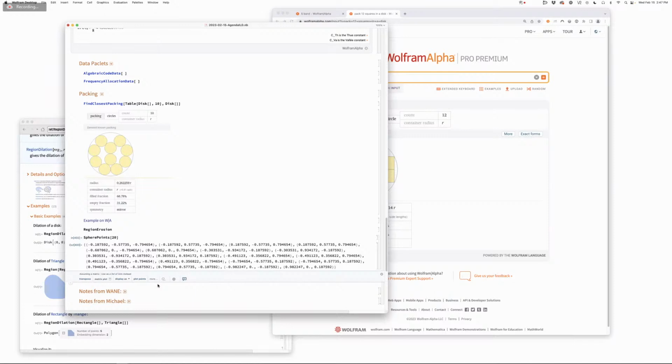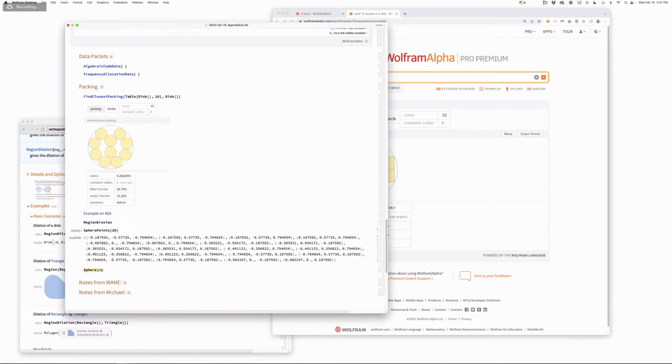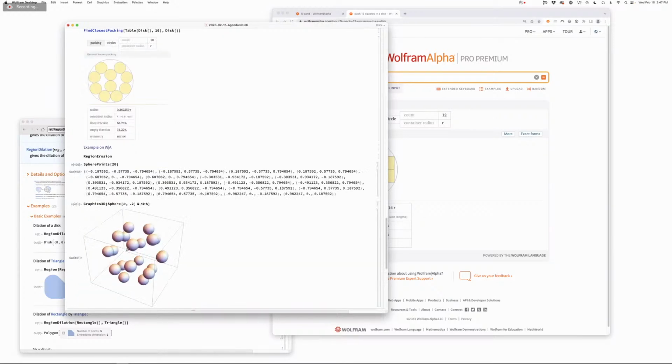And if I say sphere, I don't know, 0.2 or something around that, graphics 3D, it's not telling me what the... okay.